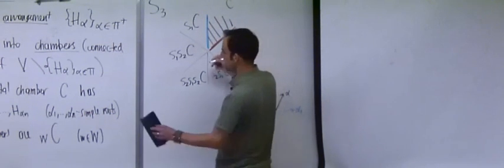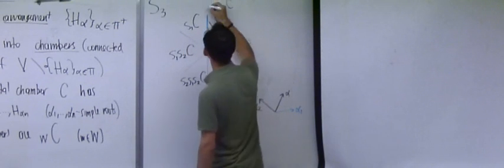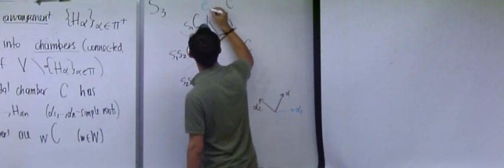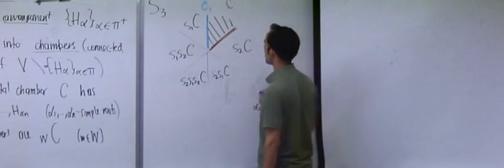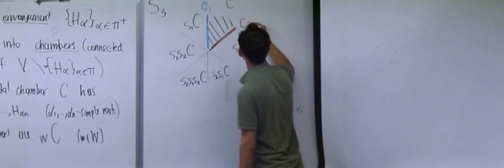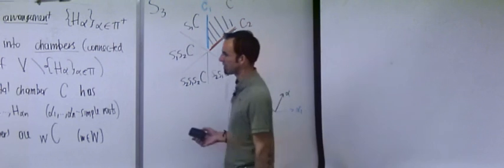So I'll define this concretely in a second, but here's C1, and here is C2. So what exactly are C1 and C2? Now they're geometric things.